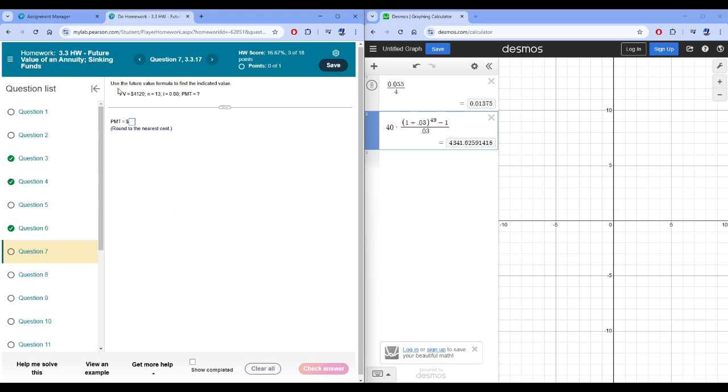All right, literally the same exact thing, right? If you do it like this, oh no, this one is the other one. This is when they switched it because you're looking for the payment.